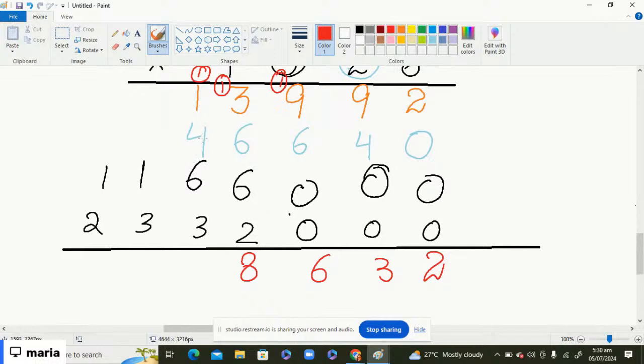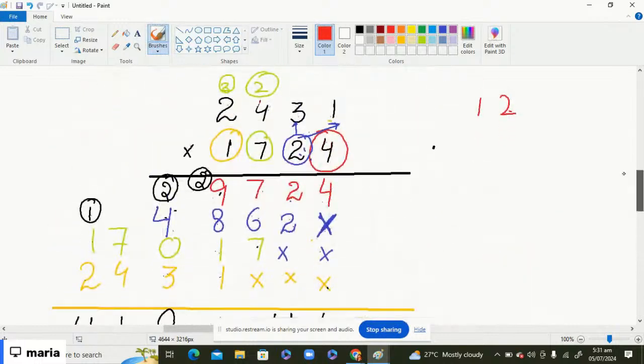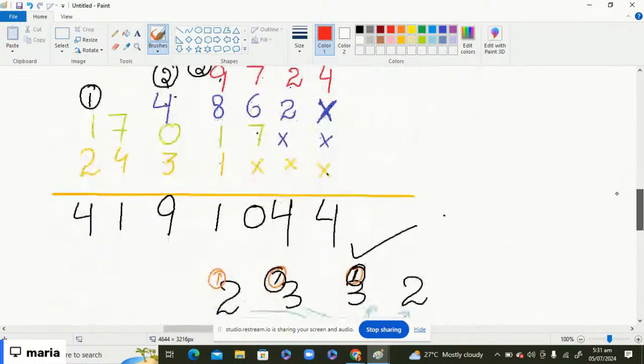Then 6 plus 4 is 10, 12, that is 15. 5, 1 goes up, that is 5, and that is 3. This is the answer to that question. That's it. In this way, we are going to solve 4 by 4 digit multiplication.